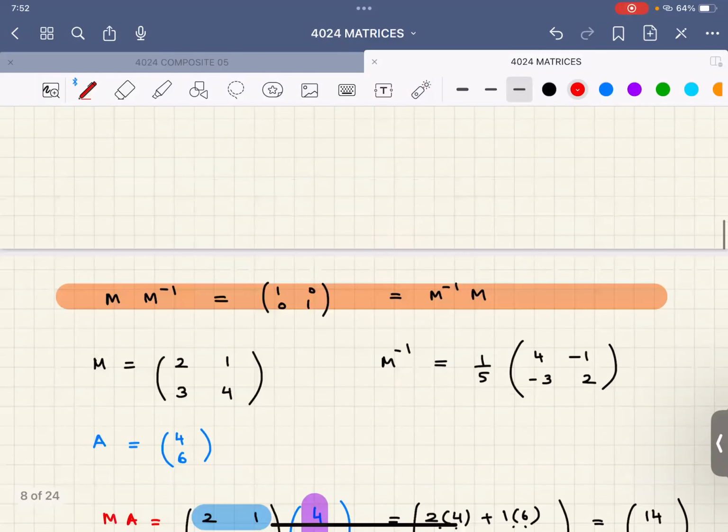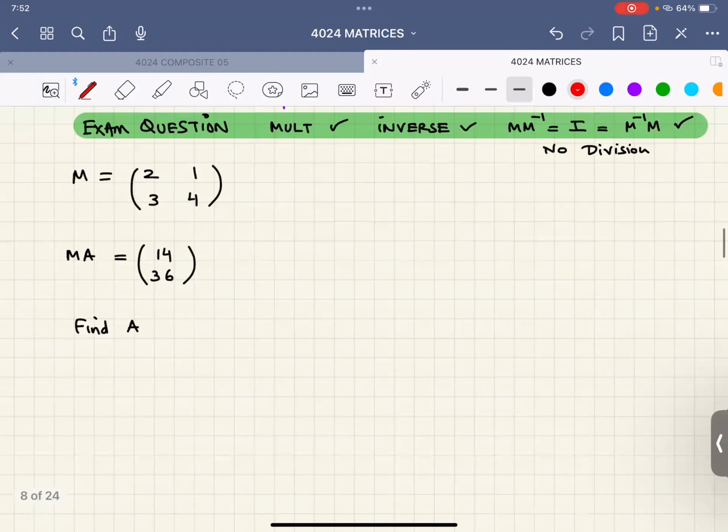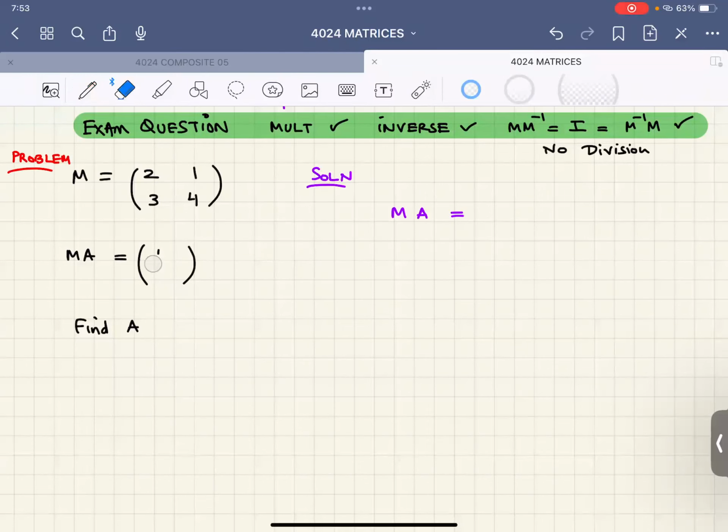Now, coming back to this is something kind of a little bit tricky. Find A. So now the thing is, there is no division. So we will work it out this way. This is the question. This is the problem that we have. And we are interested in working out the solution for this. So we will write MA equals to, instead of 1436, let me write B over here.